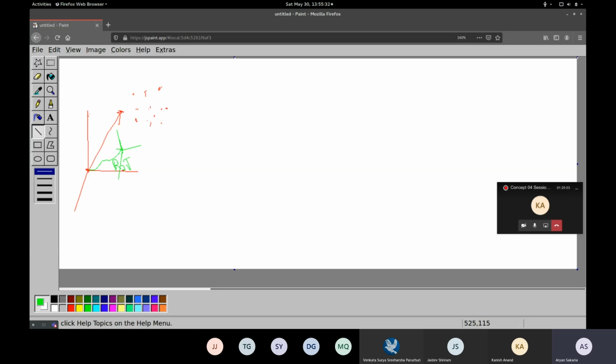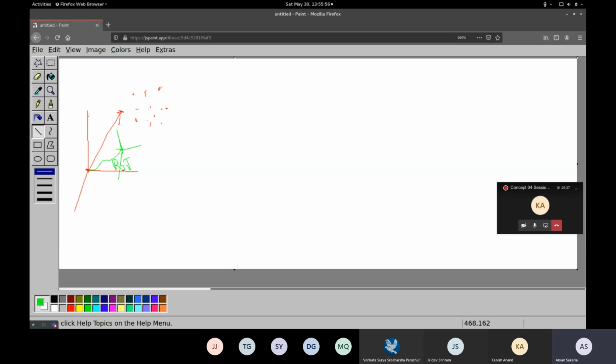My goal now is to convert these red points into green points. The red points are all described with respect to the red thing, and I want all their values with respect to the green thing.